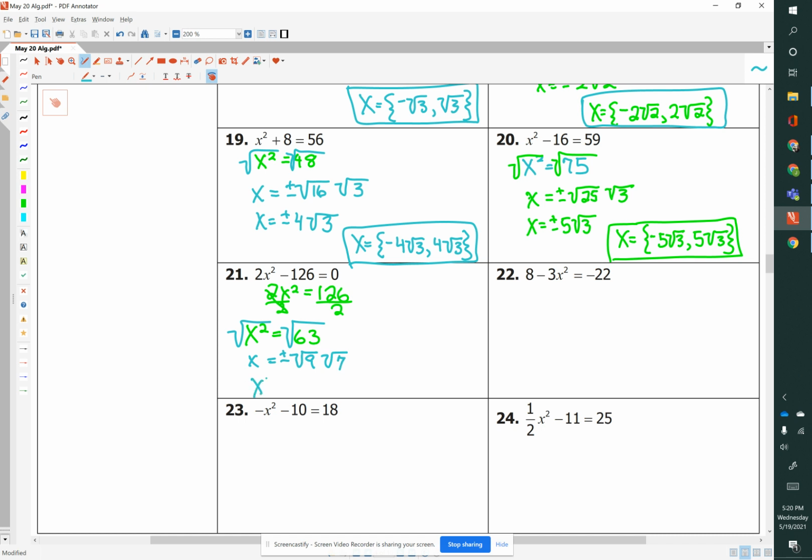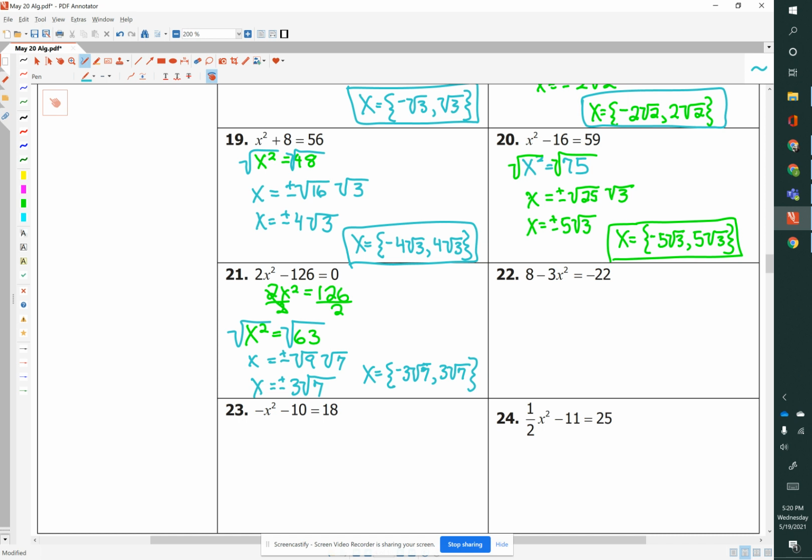And the square root of 9 is, of course, 3. And the square root of 7 is irrational. So our answer set includes negative 3 times the square root of 7 and positive 3 times the square root of 7.